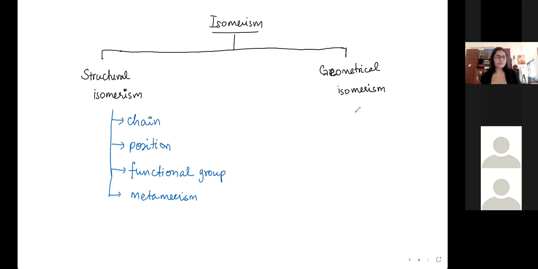And within stereo isomerism, geometrical is one type of stereo isomerism. In it you have geometrical and optical. So as a whole, this is basically called stereo isomerism.